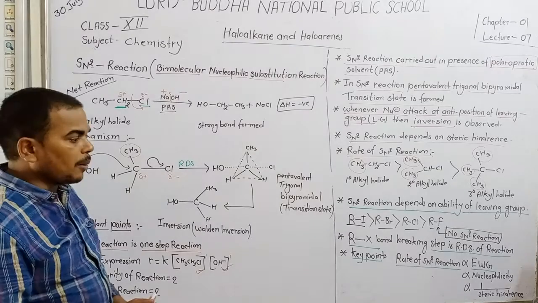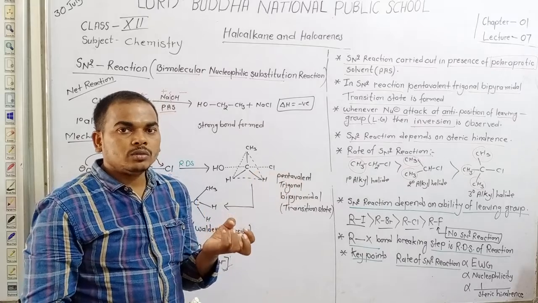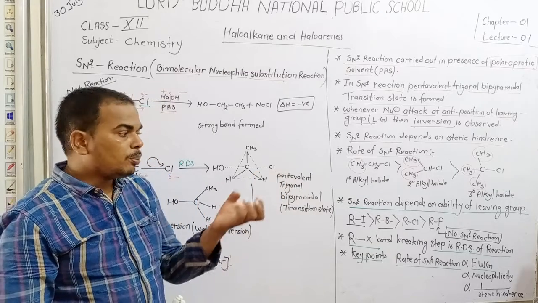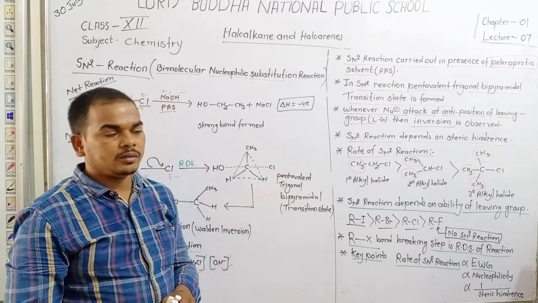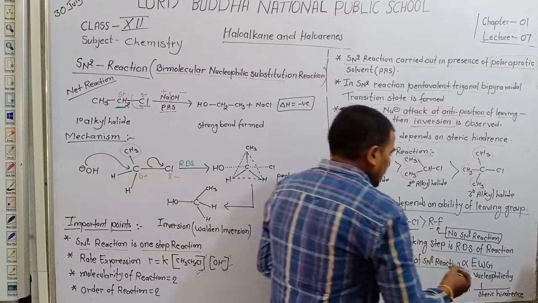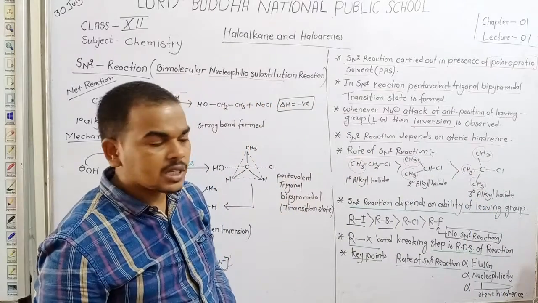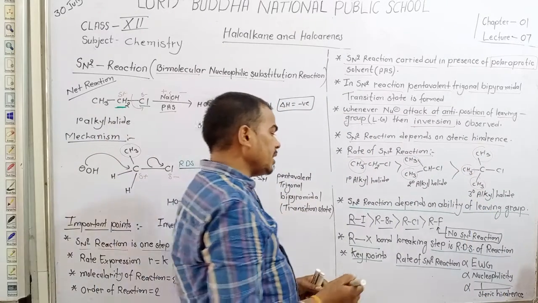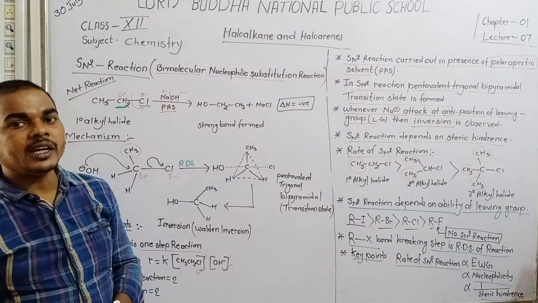Electron withdrawing capacity means the capacity of pulling electrons. It is also directly proportional to nucleophilicity, the ability of the nucleophile, and inversely proportional to steric hindrance.